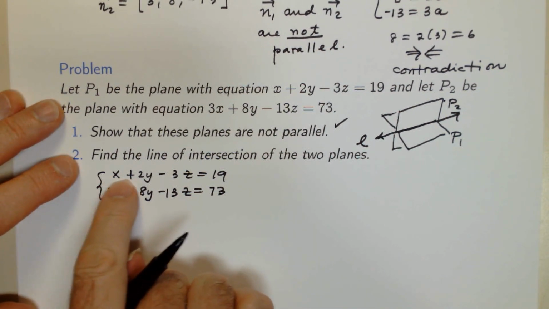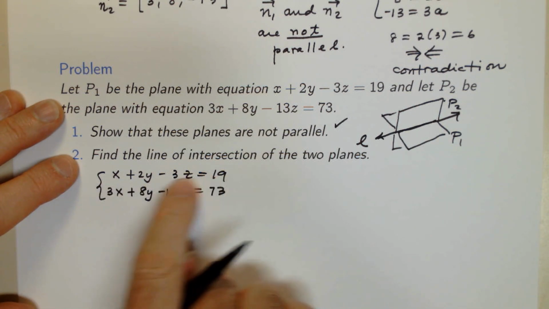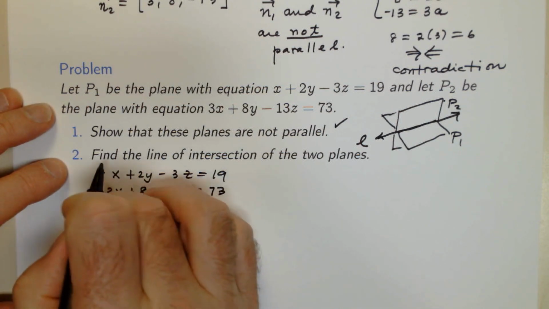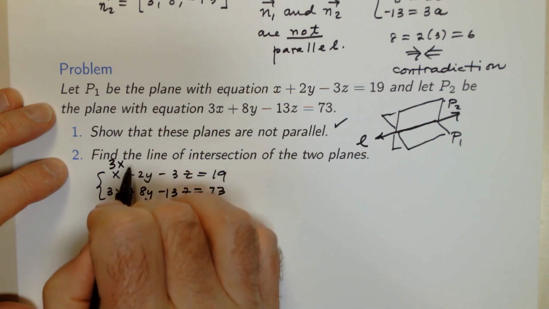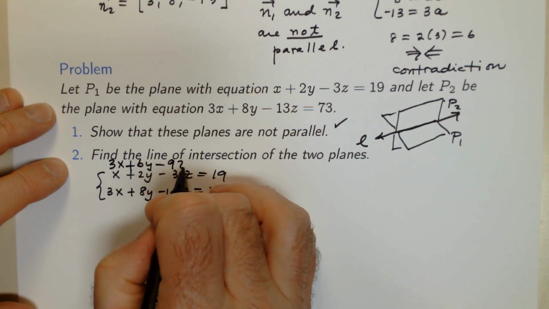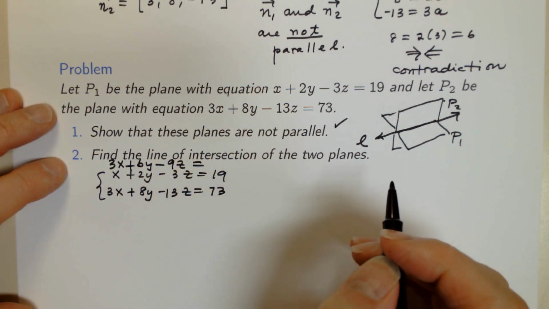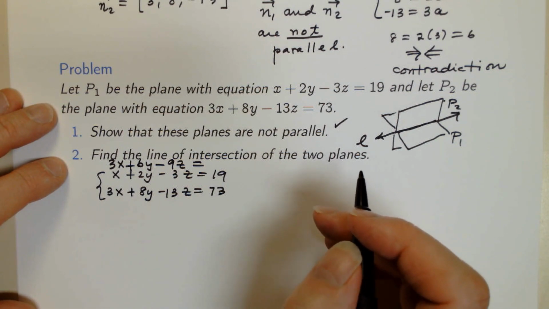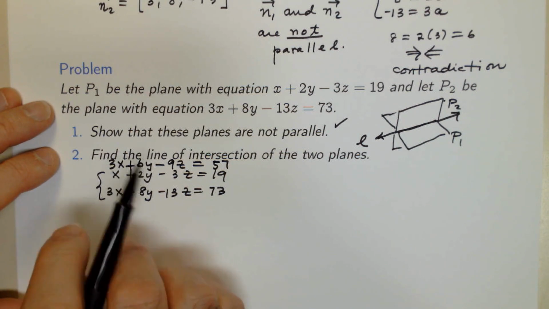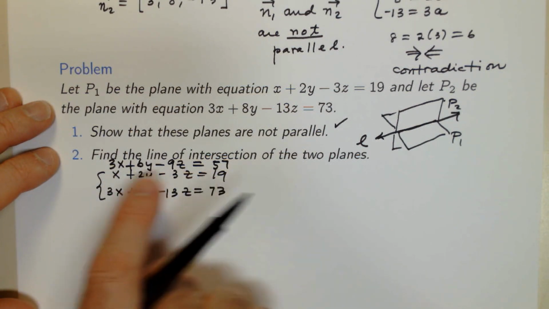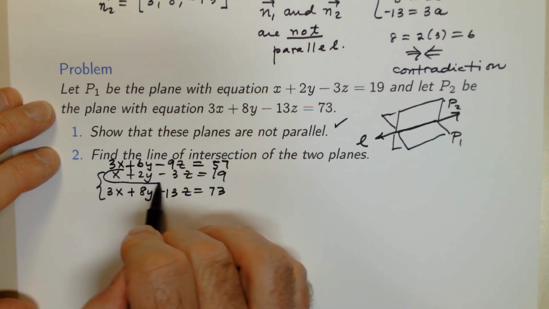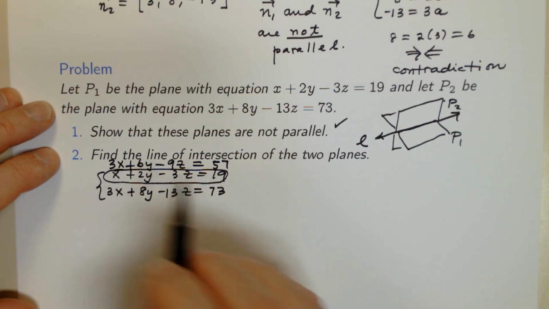Let's take this first equation and multiply both sides by 3 and replace it by an equivalent equation, this one with 3x plus 6y minus 9z equals 3 times 19, which is going to be 57. So we're basically replacing the old equation 1 with this new equation 1.